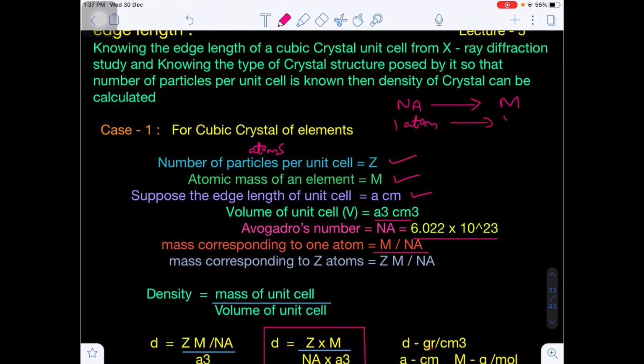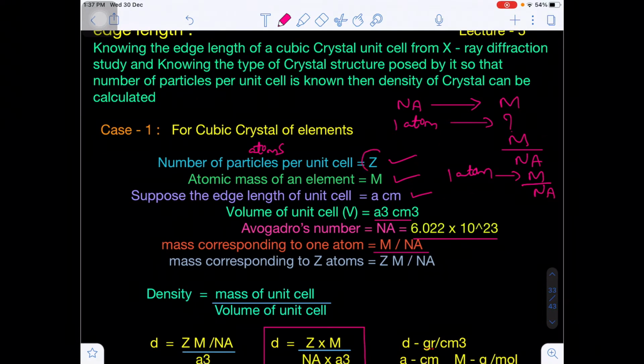What will be the mass of one atom? Total molar mass divided by the Avogadro number. Yes or no? This is the mass of one atom.